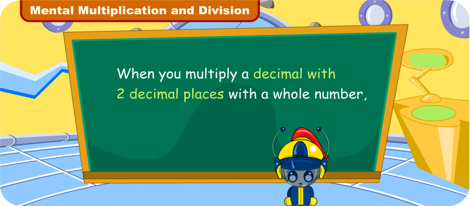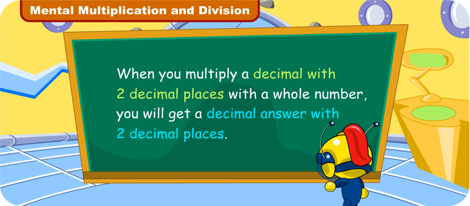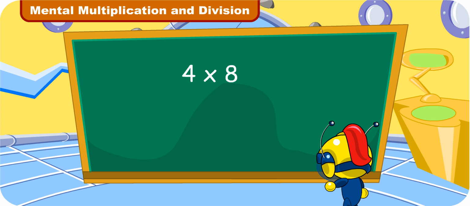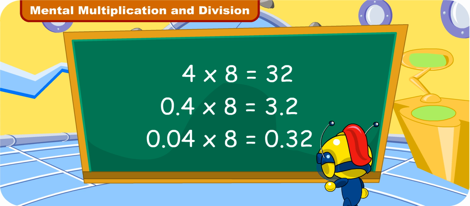And when I multiply a decimal with two decimal places with a whole number, I will get a decimal answer with two decimal places. I know if 4 times 8 equals 32, so 0.4 times 8 equals 3.2, and 0.04 times 8 equals 0.32.